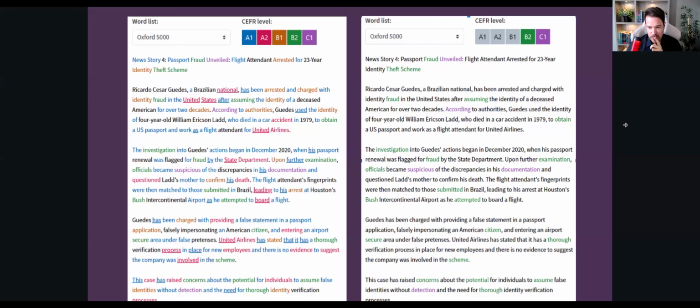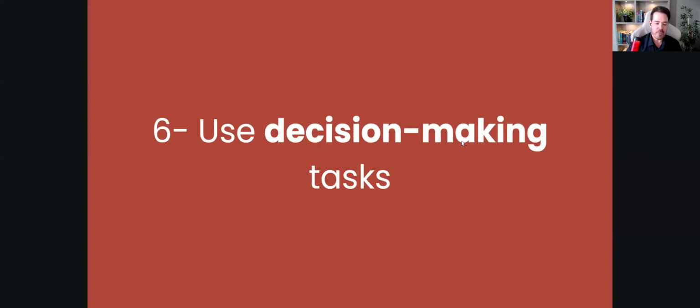And our last principle is using decision-making tasks. As the name suggests, the idea of using decision tasks is, if you're using a course book, you may feel that the number of opportunities your students are going to have to use the new vocabulary is very limited, very restricted.